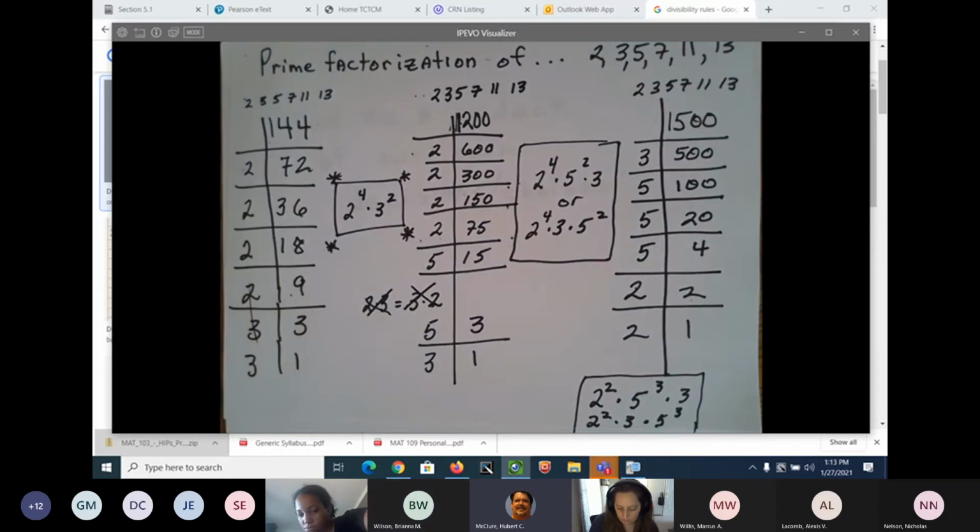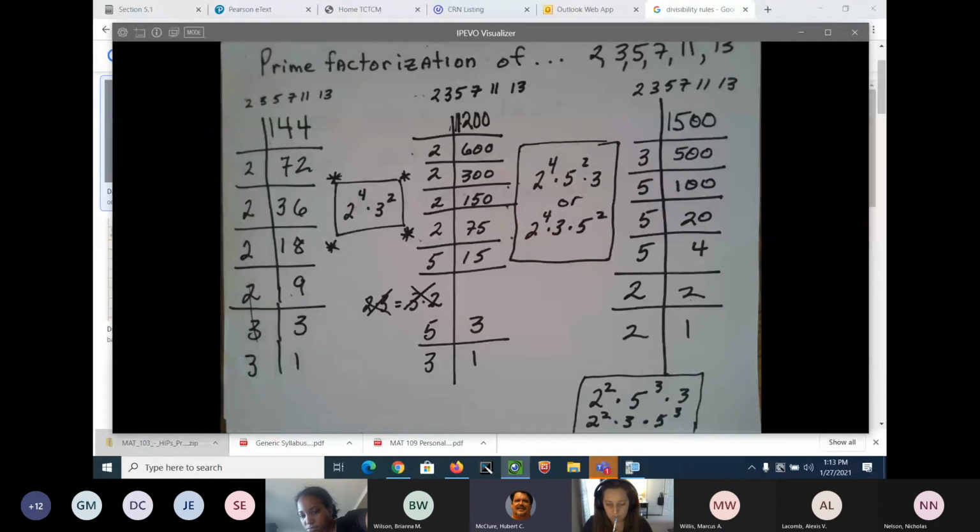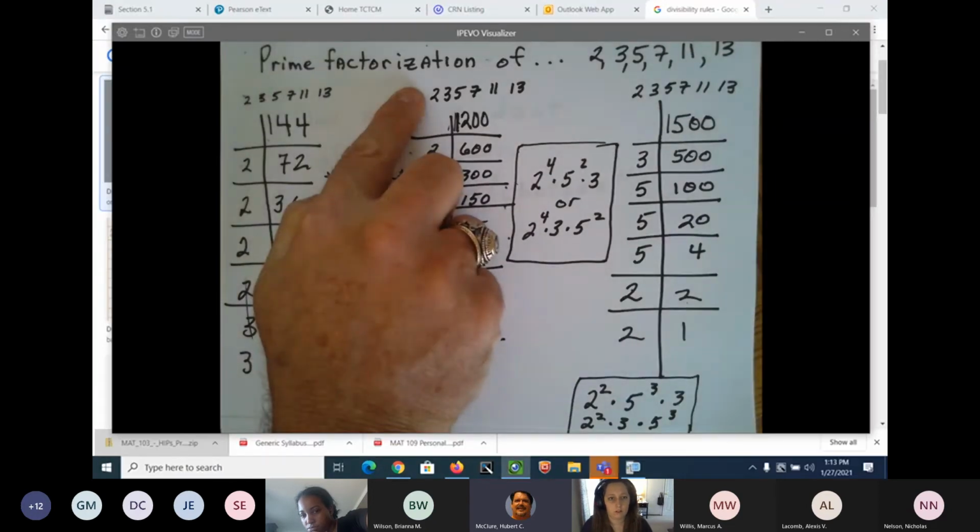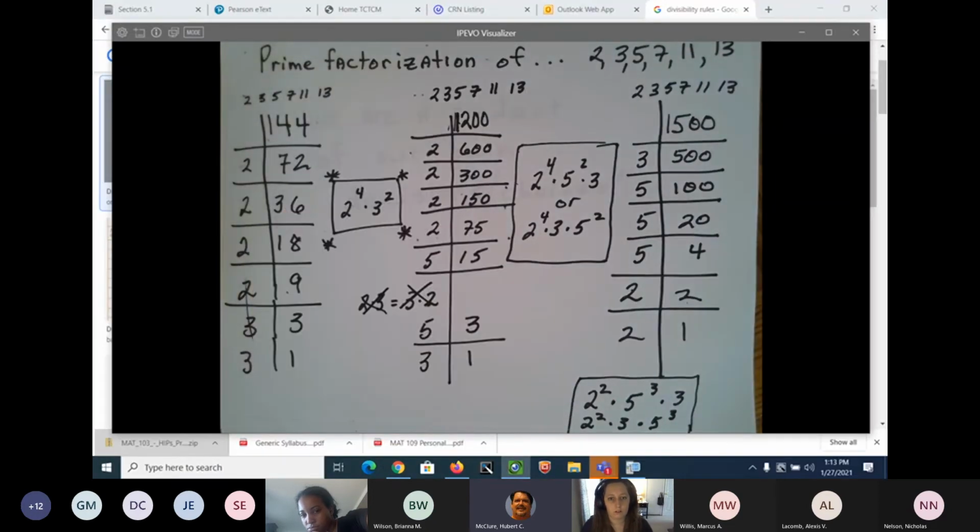Now, right now, you're not responsible to have 5.1 homework all done, because I haven't finished. 5.1 includes prime factorization and LCM, lowest common multiple, least common multiple, and greatest common divisor. So I've got to finish before then.